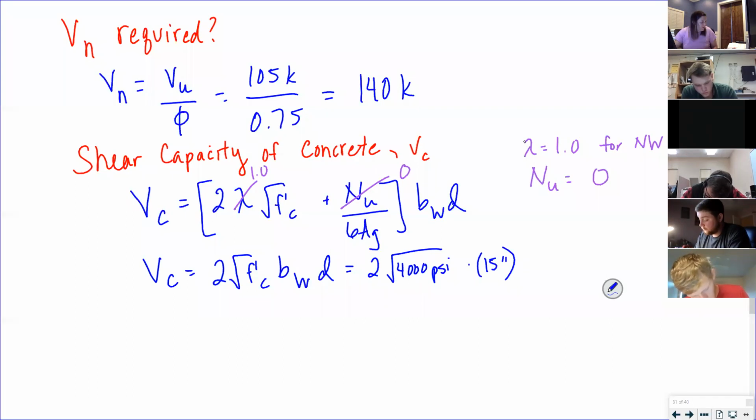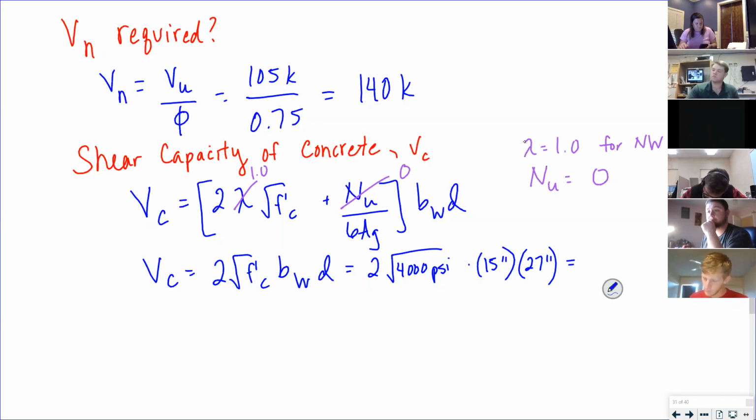My beam width is 15 inches, and my depth is 27. That should give you about 51,000 pounds, or 51.2.